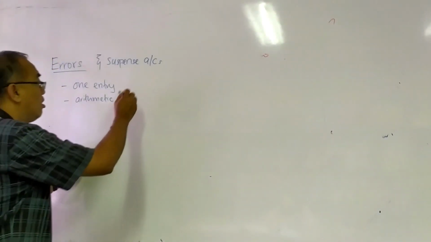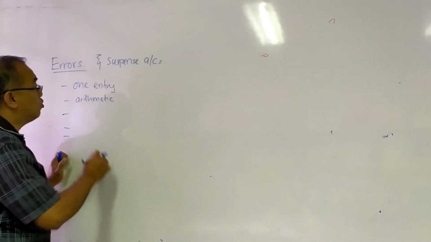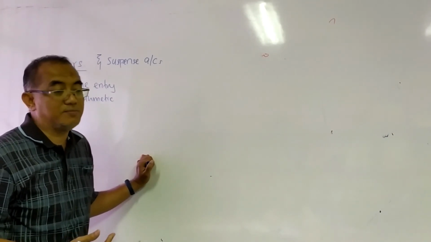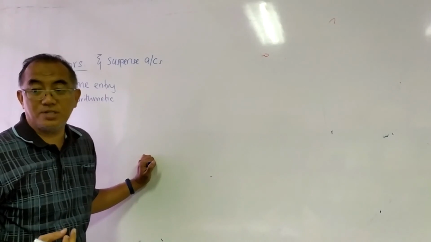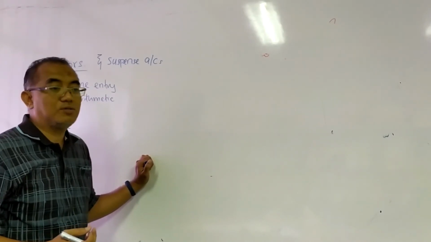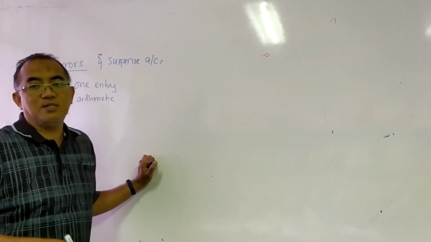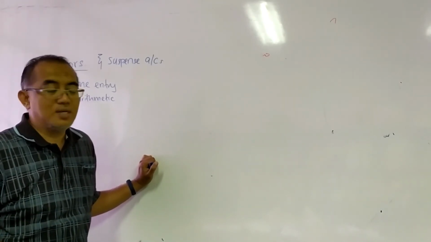So all these errors, there are some other errors too. Why do errors happen? Because sometimes you don't have enough knowledge of accounting. So sometimes you only know the debit but you don't know what to credit, so you just leave it there. So it will never balance.